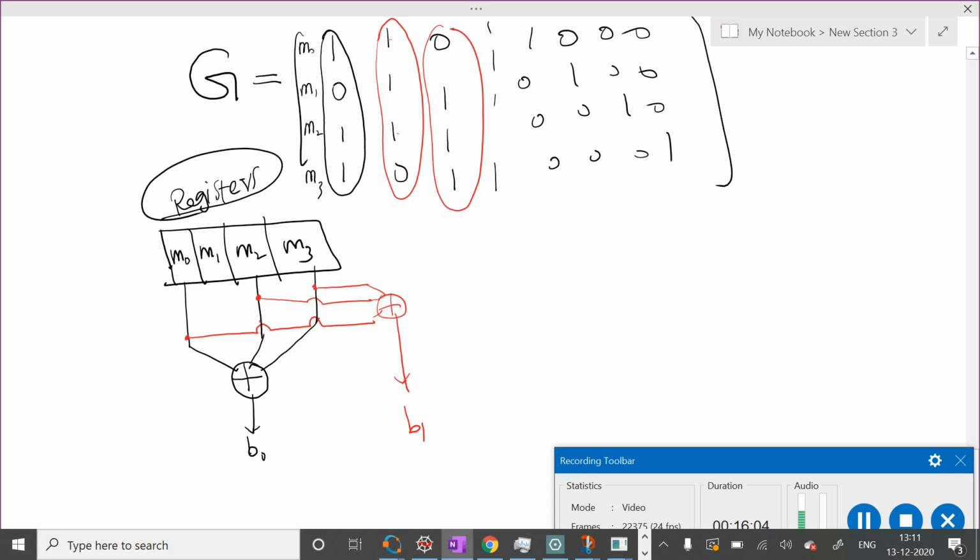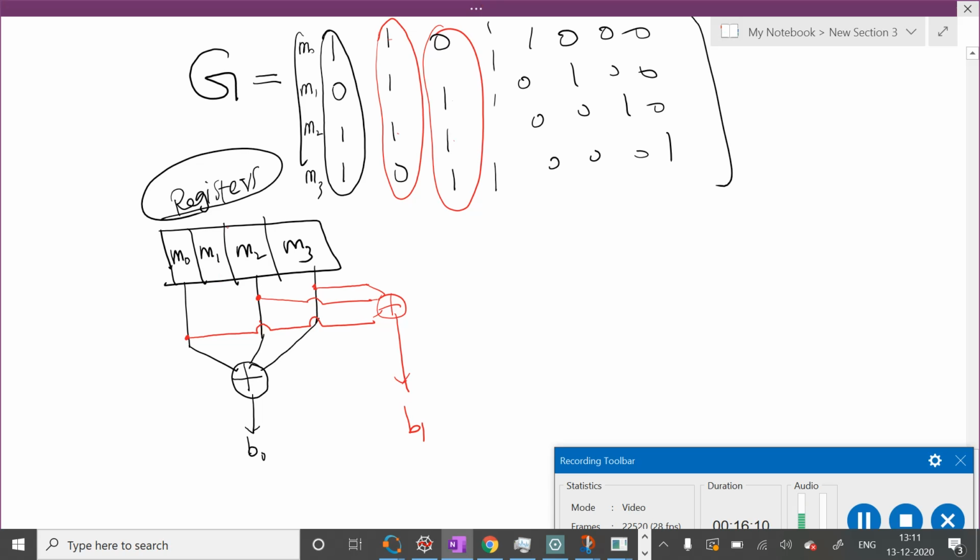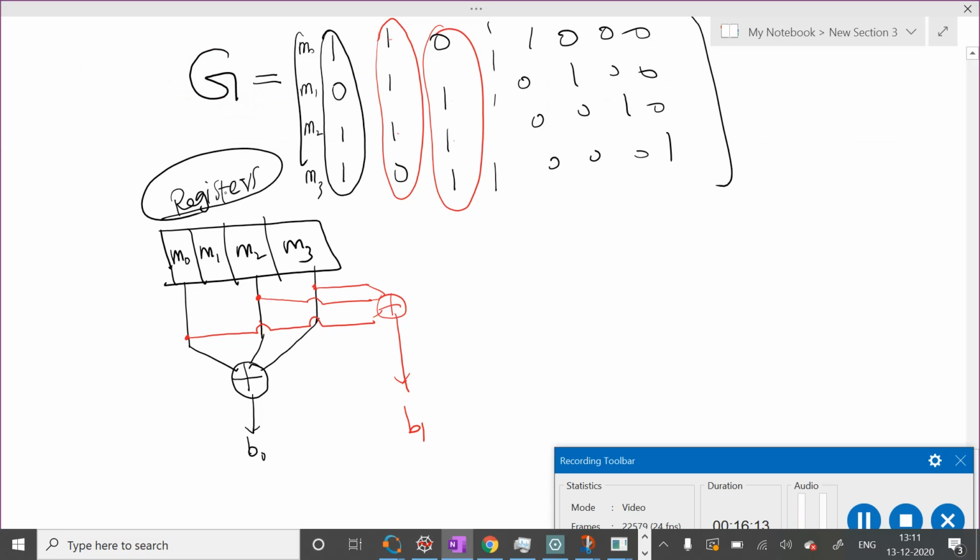Then you have to take M1, M2 and M3. Let me take it with the blue color. M1, M2, M3. Again XOR it. You will get B2, right?